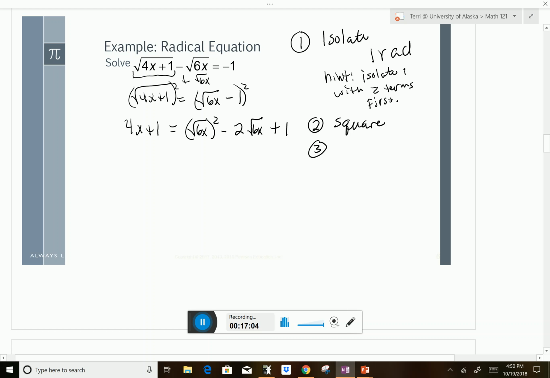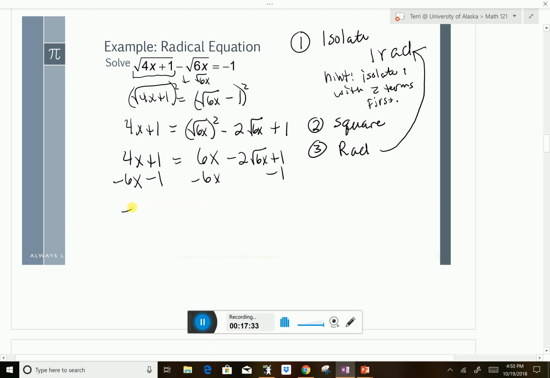Now we still have a radical, so let's clean this up a little bit. That's 6x minus 2 root 6x plus 1. So we still have a radical, so we go back up to isolate the radical again. Let's clean this up, isolate the radical, subtract 6x from both sides, subtract 1.